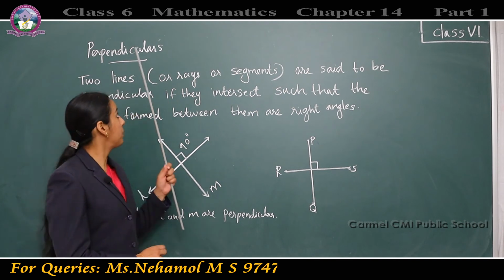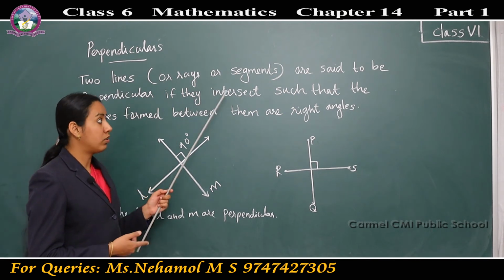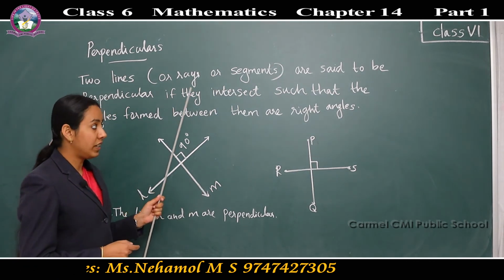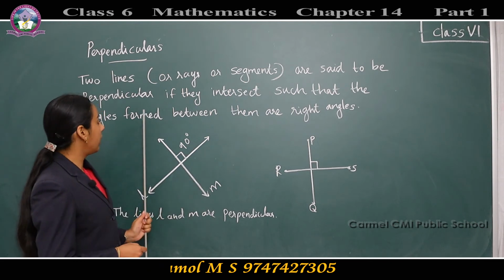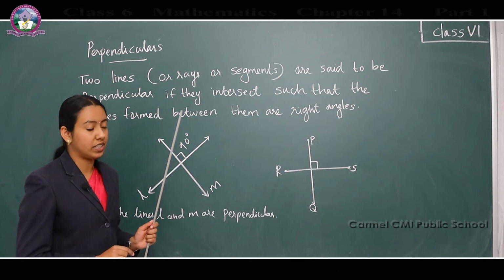Next topic, perpendiculars. You know that two lines or rays or segments are said to be perpendicular if they intersect such that the angles formed between them are right angles. That means 90 degree.